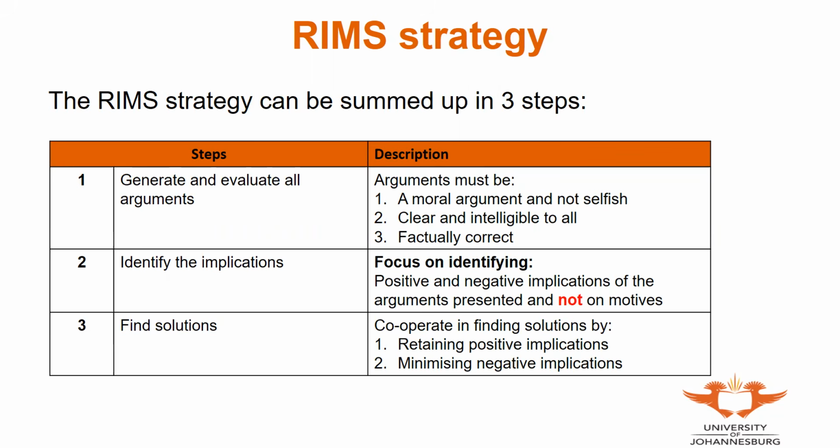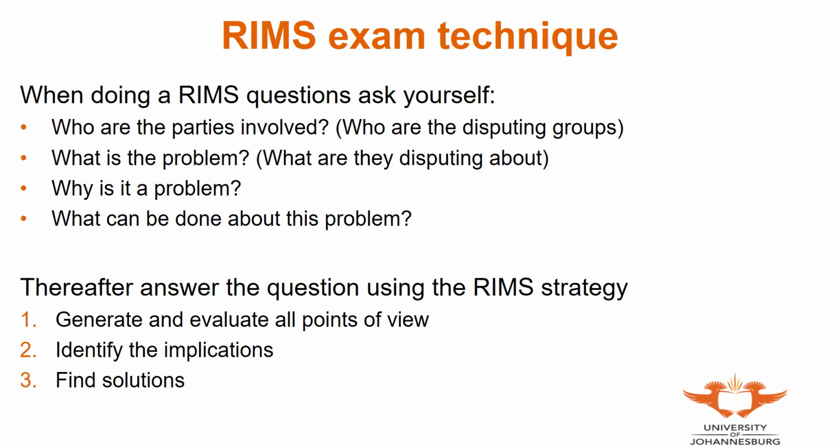And then finally, we look at the different solutions that can be exercised with regards to the argument that we have at hand. So if we just ask ourselves logically, what exactly is the RIM strategy? It's basically asking yourself these questions. Who are the parties involved in this particular argument?